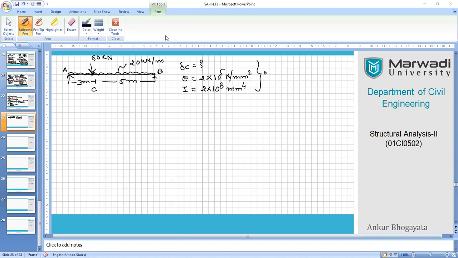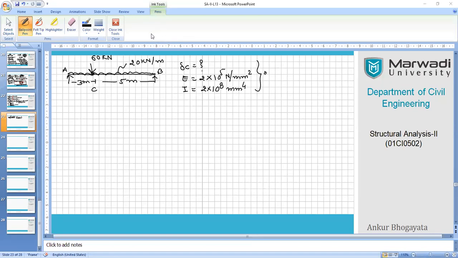And with the help of support reactions, you can definitely create the bending moment diagrams and shear force diagrams of a given structure. So in that line, we shall be exploring determinate structures as well as indeterminate structures.